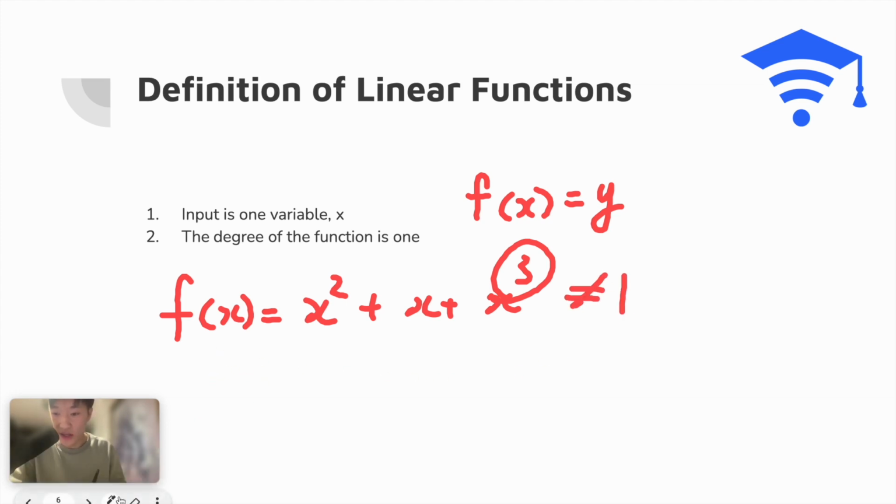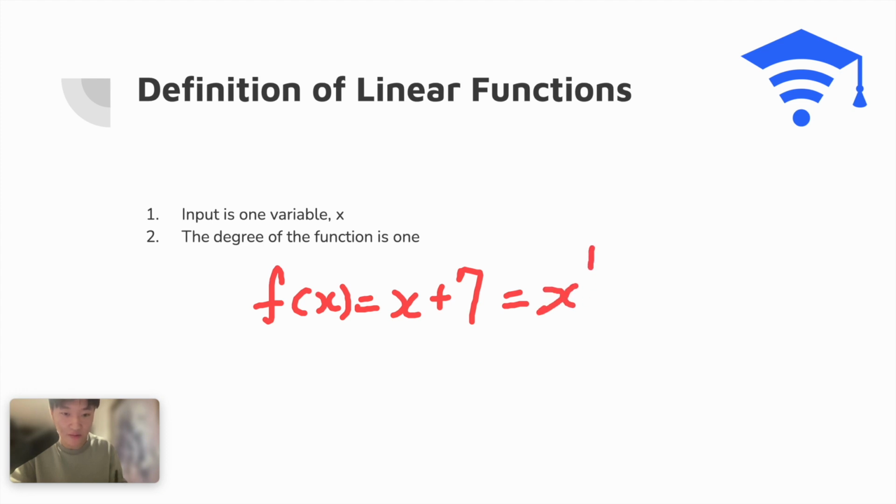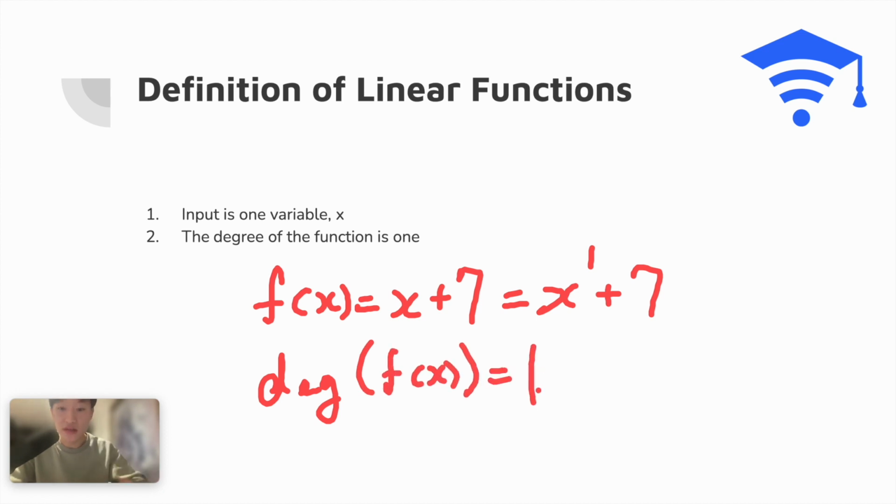However, we could have something like f of x equals, let's say, x plus 7. Well, what's the degree of this function? This is equal to x to the power of 1 plus 7. And so the degree of f of x is equal to 1, and so this is a linear function by our formal definition.